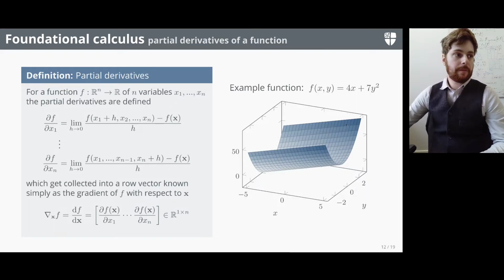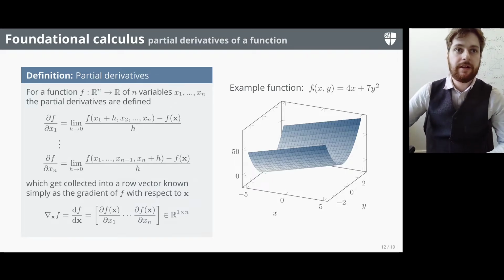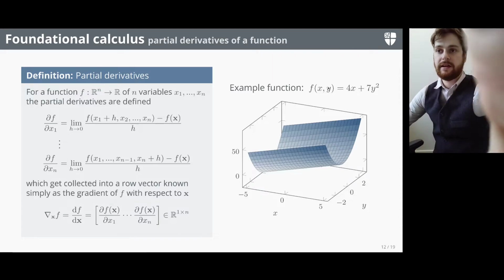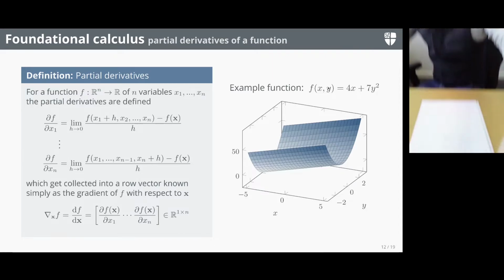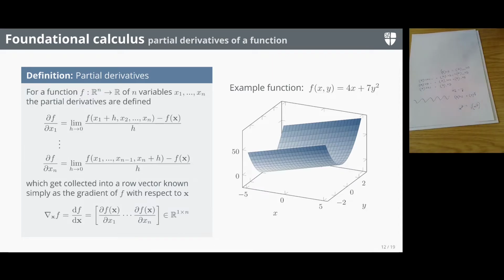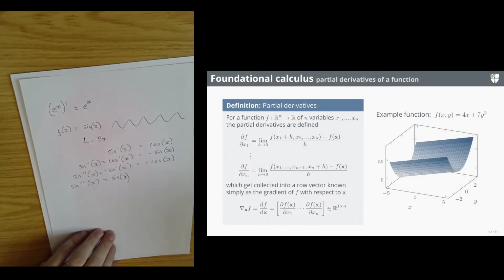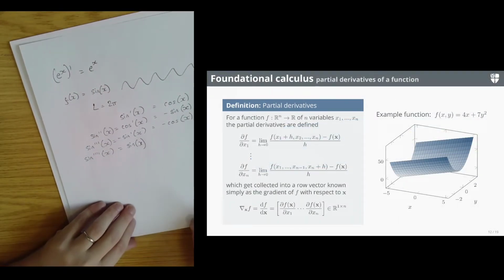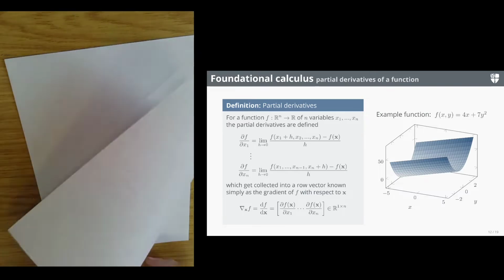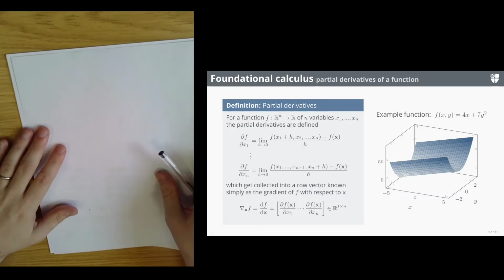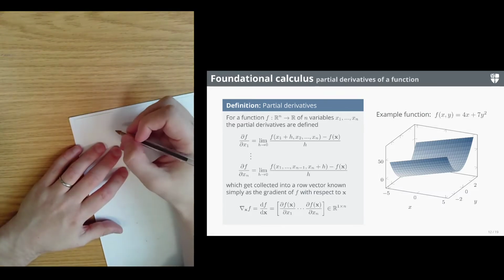So the function admits two partial derivatives. It has the partial derivative of f with respect to x, and it also has the partial derivative of f with respect to y. Let's write this down and try to make it clear. I'll go to my notes again and get a new pen to turn it over. So let's write the function out here.